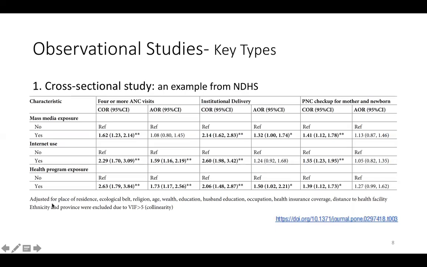The survey also asked about place of residence, ecological belt, religion, age, wealth, education, husband's education, occupation, health insurance coverage, and distance to health facility. This table shows the association between these characteristics and the health service utilization characteristics.